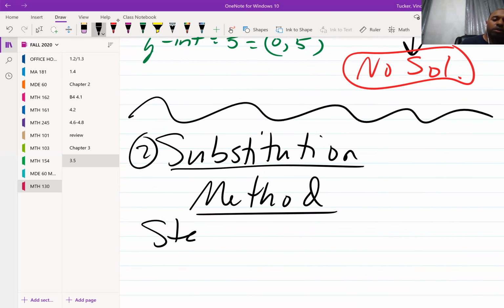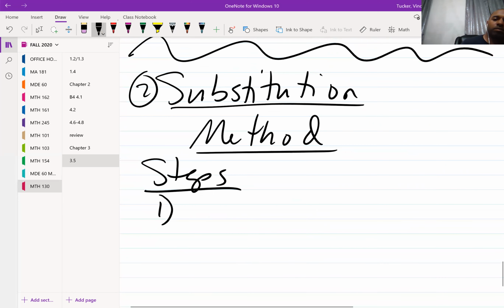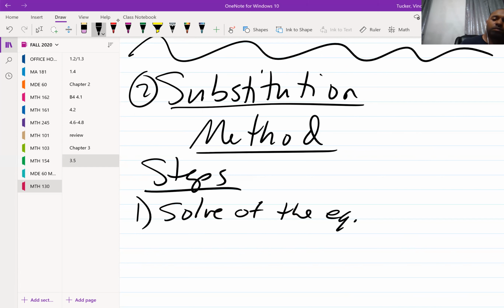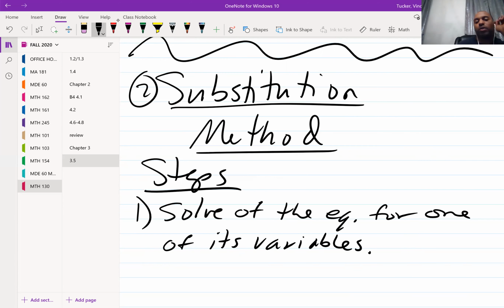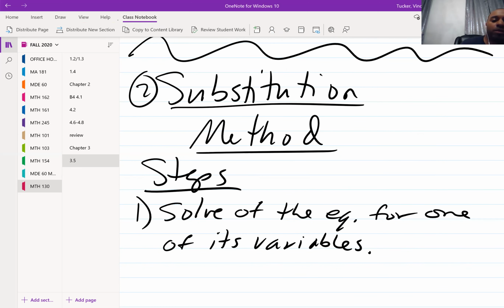Let's look at our steps. First step, solve one of the equations for one of its variables. It does not matter which one. You just want to solve one of the equations for one of the variables.